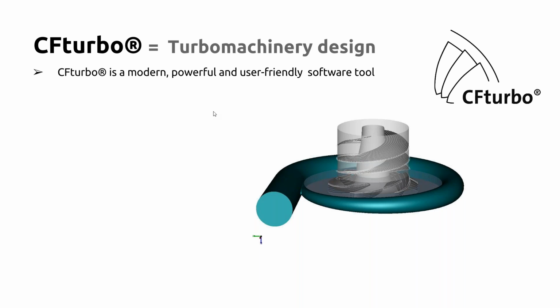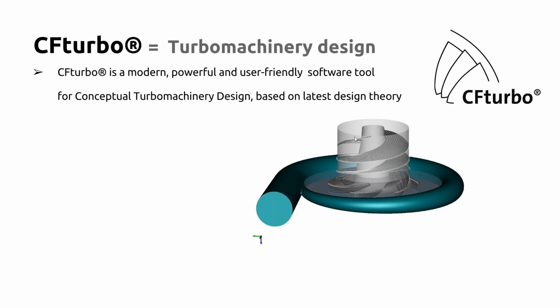Our main product is CFturbo, a turbomachinery design software, which is a modern, powerful and also user-friendly software tool, and it's meant for the conceptual turbomachinery design, and it uses the latest state-of-the-art design theory. Right now we have more than 200 active clients globally.